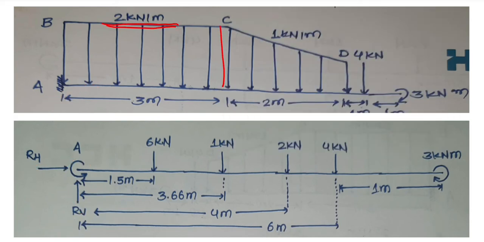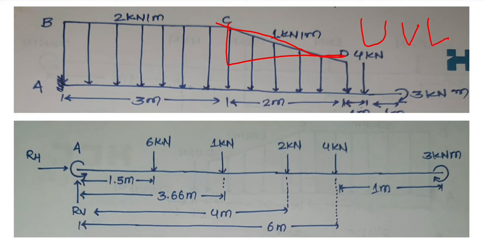Summarizing this 2 kilonewton per meter load, that is a uniformly distributed load, 2 into 3, that is a 6 kilonewton load, is acting at a 1.5 meter distance from point A. Now see here, this area was a uniformly varying load.